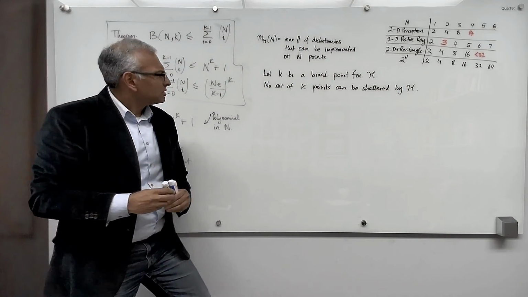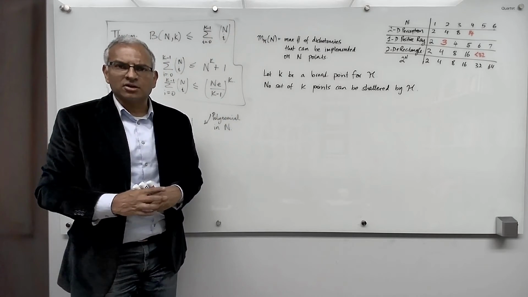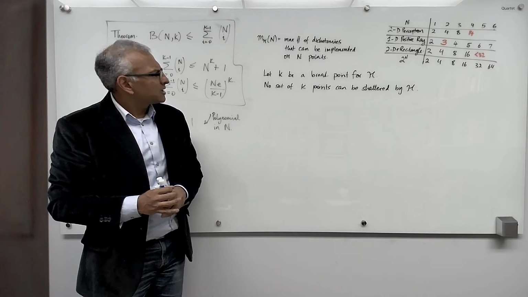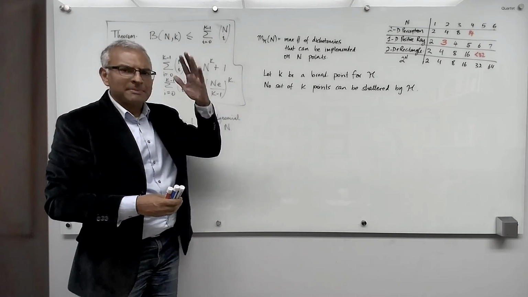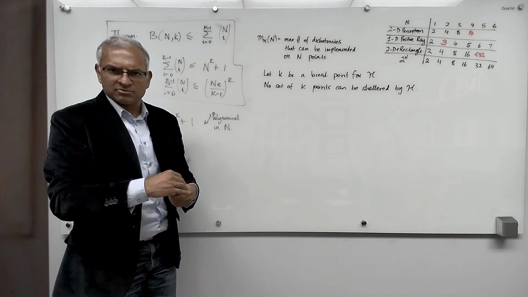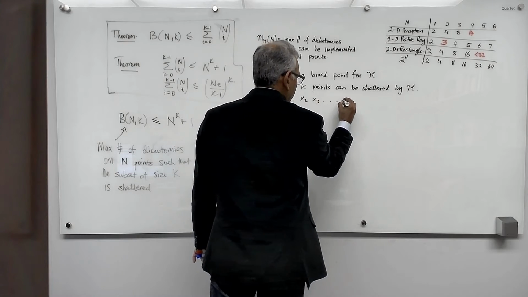And now let us consider m sub h of n. It's the maximum number of dichotomies that the hypothesis set can implement on any set of n points. Let us suppose that that maximum number of dichotomies is realized for the set of points x1, x2, x3 up to xn.